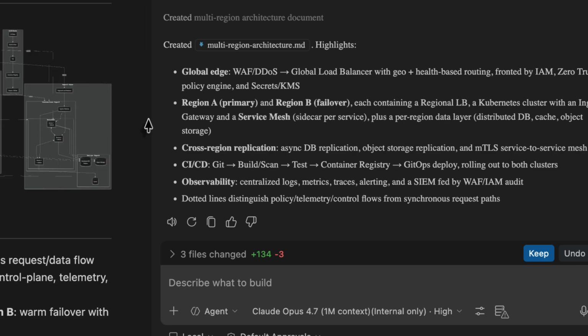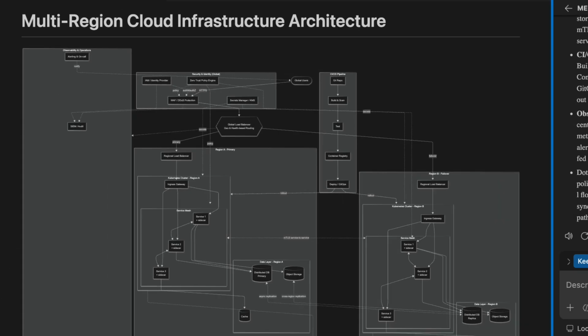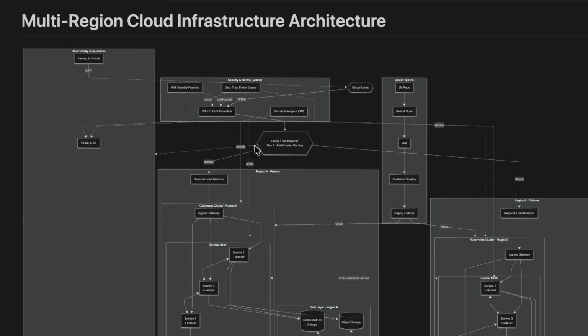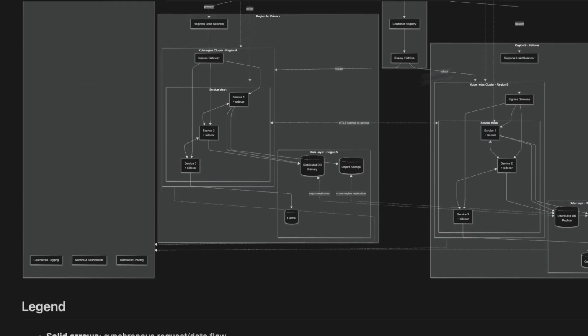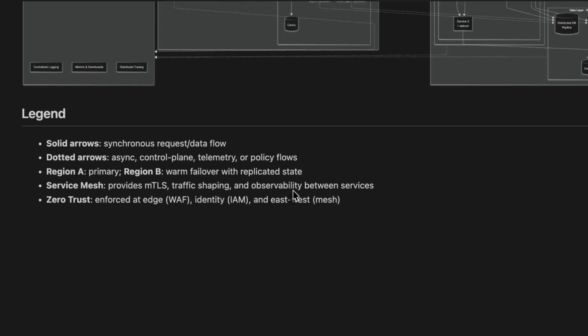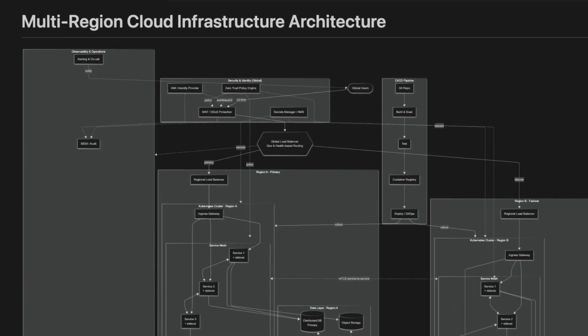So Copilot completed the development of this diagram. Region A is the primary region with the security identity at a global level, and region B is the failover region, with a CI/CD pipeline in between to handle the deployment to both regions. The legends are explained at the bottom, which explain the representation of solid arrows and dotted arrows, and how the security services are enforced.